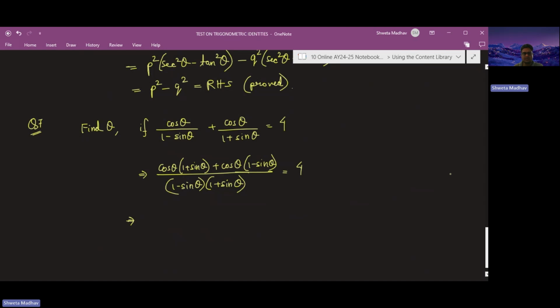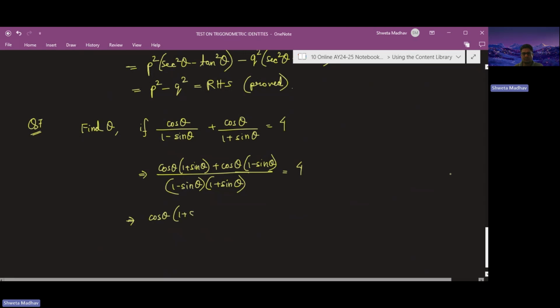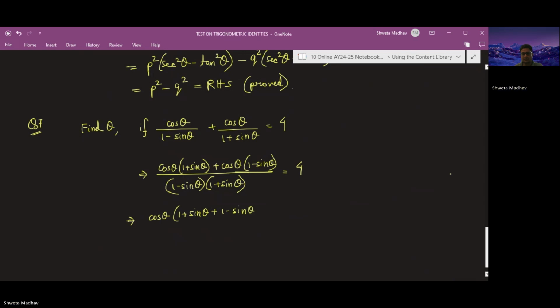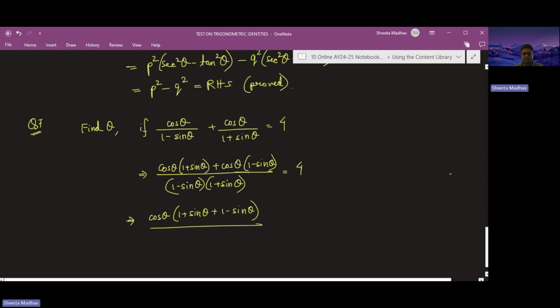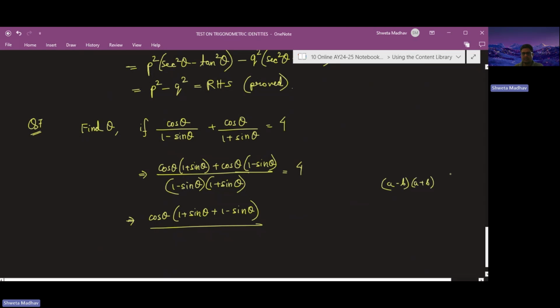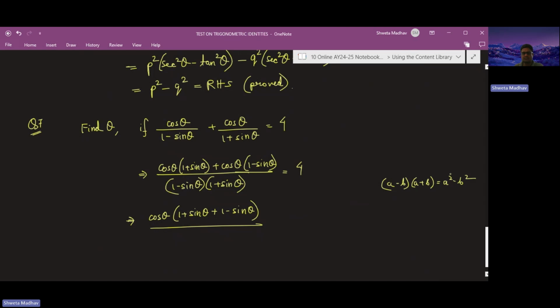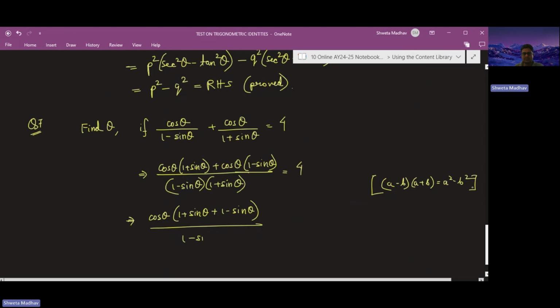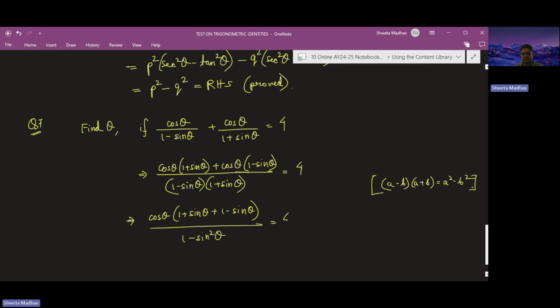So this we can write as, cos theta we can take as common from these two terms, and we can say cos theta into 1 plus sin theta plus 1 minus sin theta, divided by, we know that a minus b into a plus b is equal to a square minus b square. So 1 plus sin theta into 1 minus sin theta, we can write as 1 minus sin square theta, that is equal to 4.